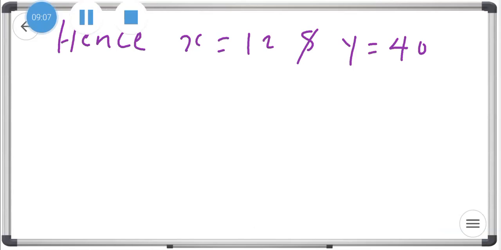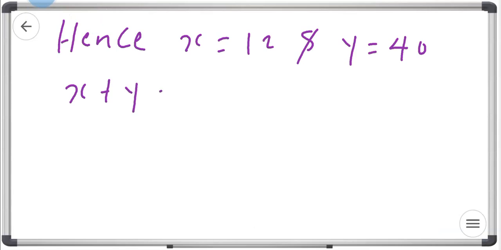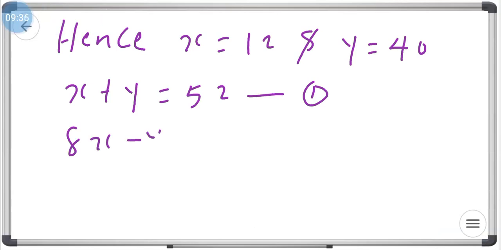Let's check if the answer we've gotten is correct. Take note, we are given x plus y equals 52, that was the first equation given to us, and also the second equation, 8x minus y equals 56. That was the second equation given to us.